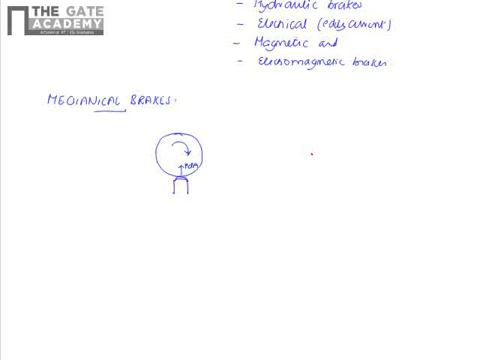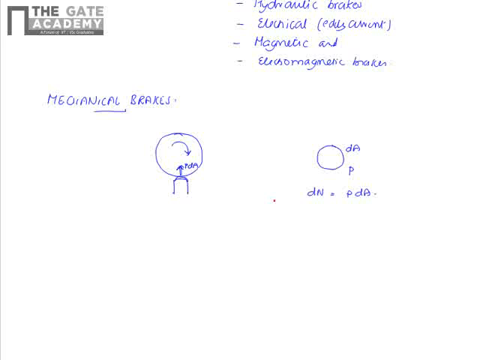If this small area is dA and P is the pressure exerted onto the moving member, then the normal reaction will be P into dA. That will be the force acting on this moving member due to the stationary member.